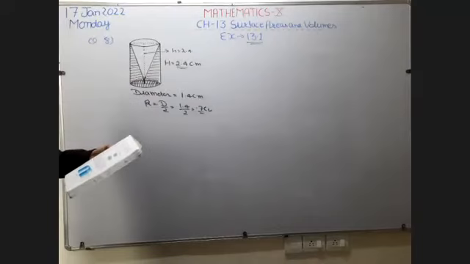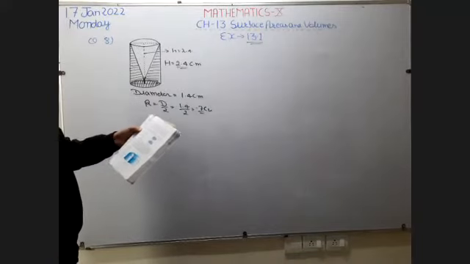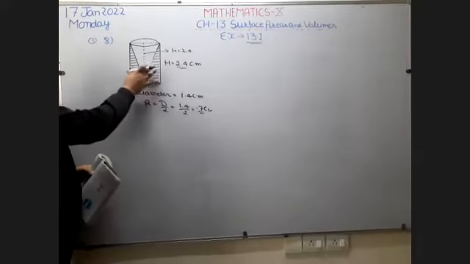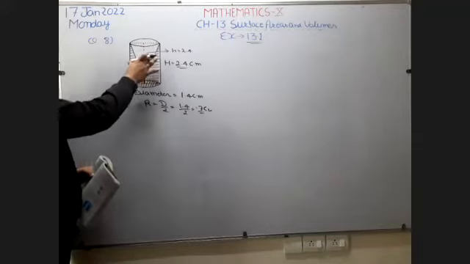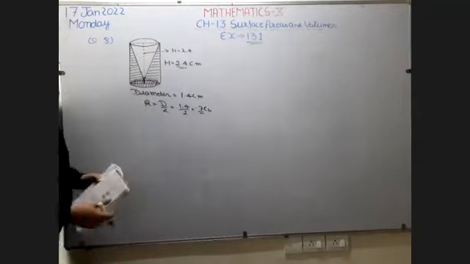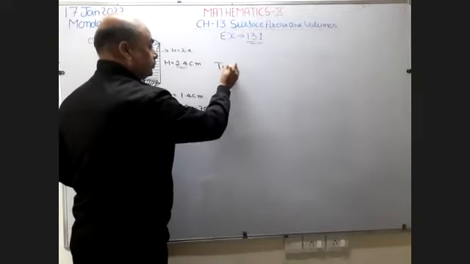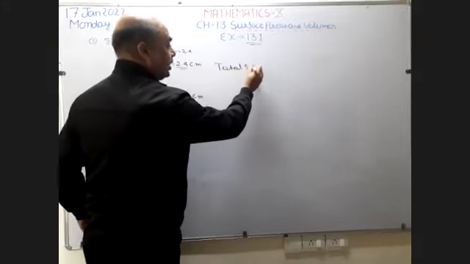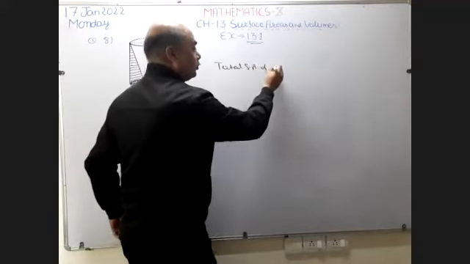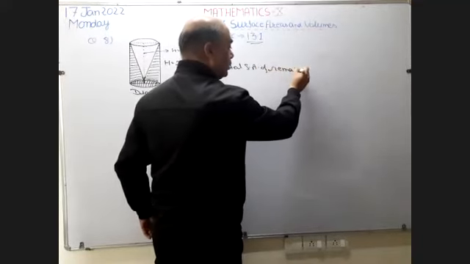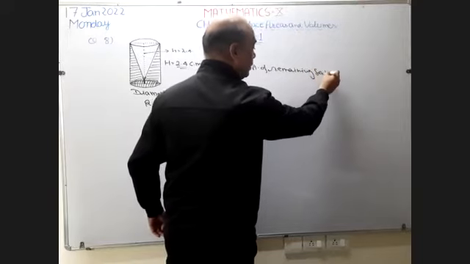Now we're going to find the total surface area of the remaining solid. So right here, total surface area of the remaining solid.